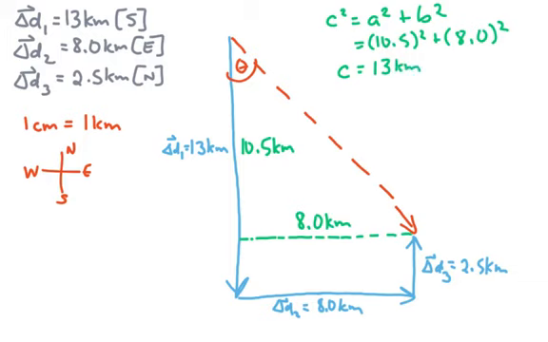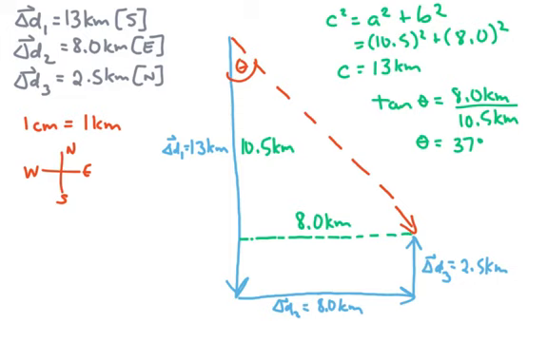Now I'm going to find the angle, so tan theta, opposite over adjacent. My opposite is 8 here, opposite my angle, and my adjacent is 10.5. Remember how I work this out? I just want theta, so I'm going to take my 8 divided by my 10.5, and then second function tan, and that gives me 37 degrees.